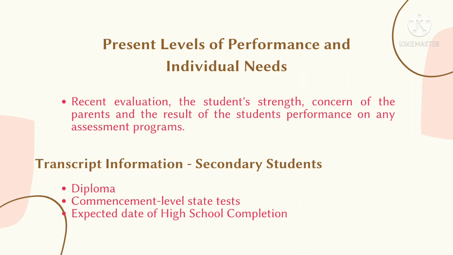The first example is under the present levels of performance and individual needs. This is the current functioning and individual needs in consideration of the result of the initial or the most recent evaluation, the student's strengths, the concerns of the parents, the result of the student's performance on any state or district-wide assessment programs.